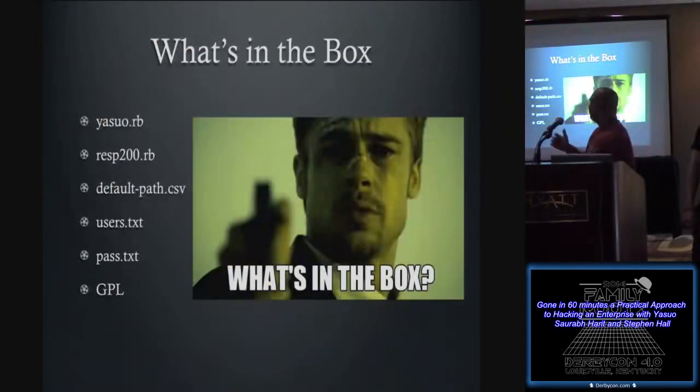What's in the box? When you download the source code, you will find Yasuo, which is the main Ruby script. Then there's response 200, which basically deals with the form-based authentication and brute forcing. There's default path.csv, which is the key file. It contains all the signatures and also the paths to all the exploits associated with that particular application.